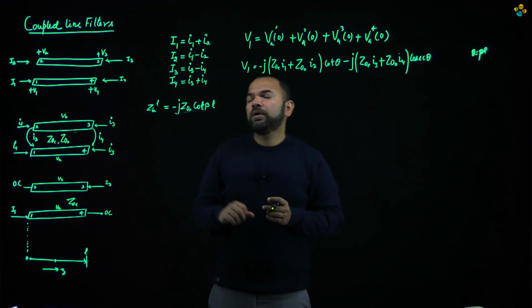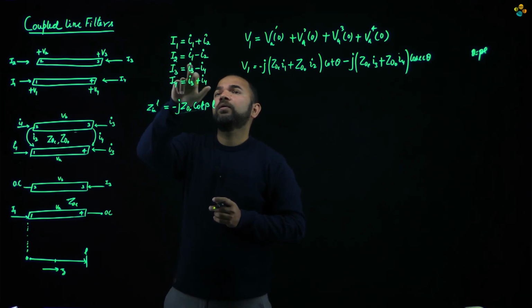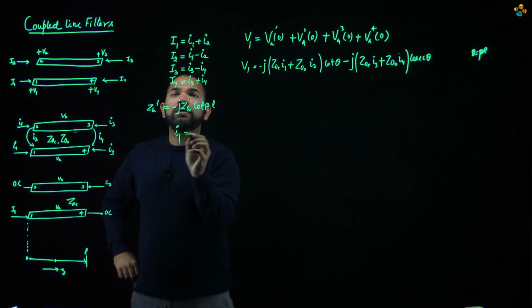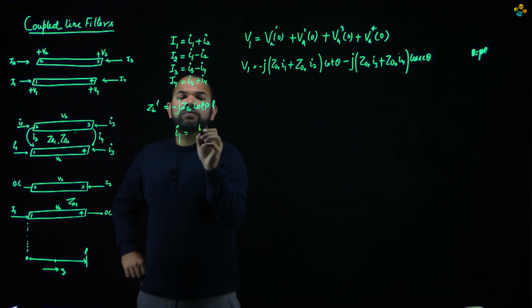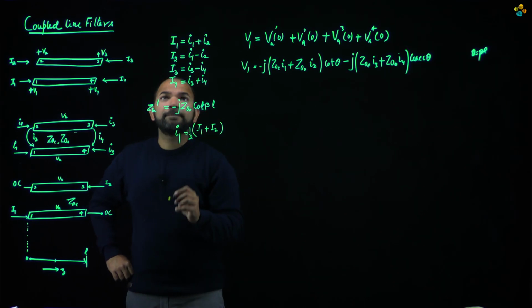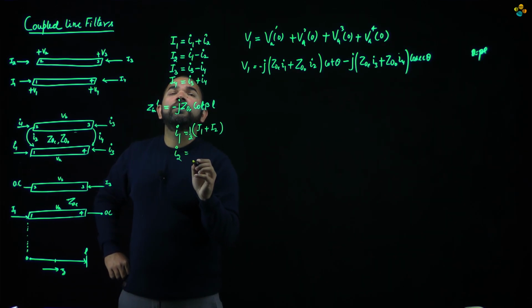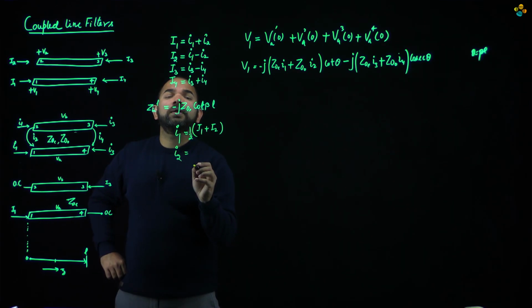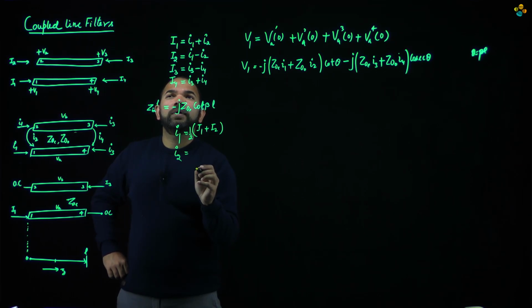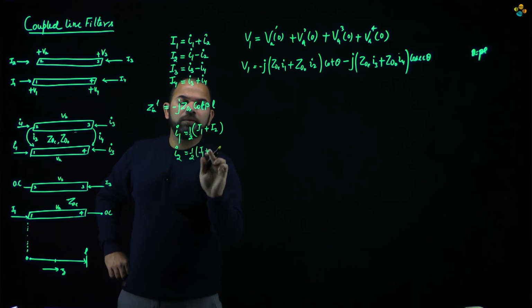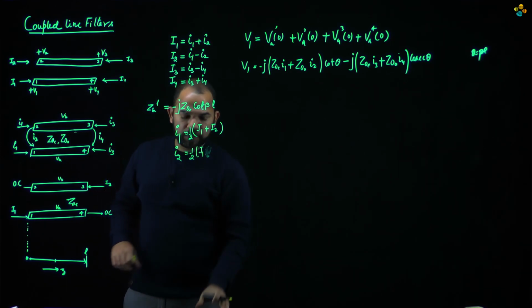Okay, now we know that these I1, I2, I3 and I4 are defined in terms of capital I1 and I2. If we try to calculate what is the small I1 from here, we can say I1 is going to be, if we add these two, capital I1 plus I2 divided by 2. Okay, what would be the small I2 here? If we subtract, it is going to be 1 by 2 (I1 minus I2).